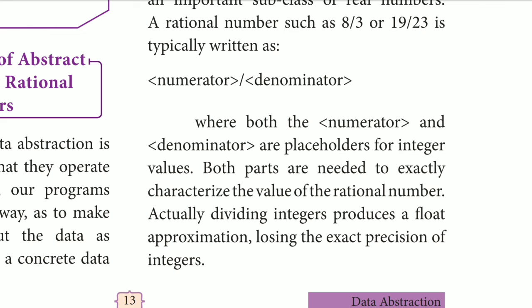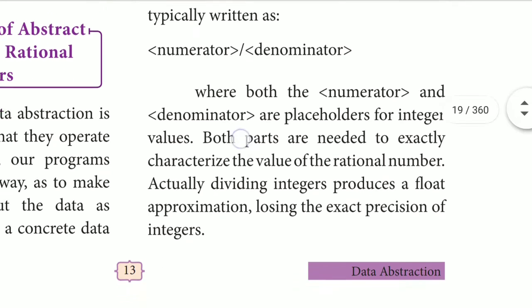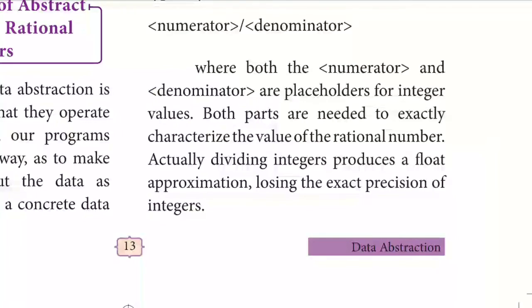Actually, dividing integers produces a float approximation, losing the exact precision of the integers. So when you divide two integers, that is two whole numbers, you get fractional numbers. Here you are just losing the precise information.